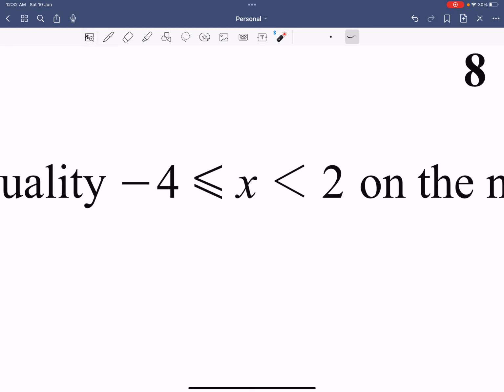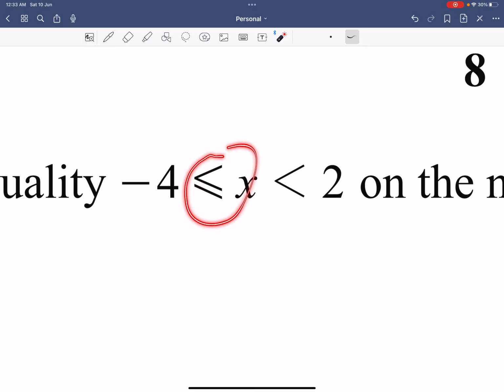we don't know if -4 is included or not, if 2 is included or not. So what we'll do is we'll say x is greater than or equal to -4 and x is lesser than 2, not equal to. If the inequality sign has a dash below it, that means that this is included.